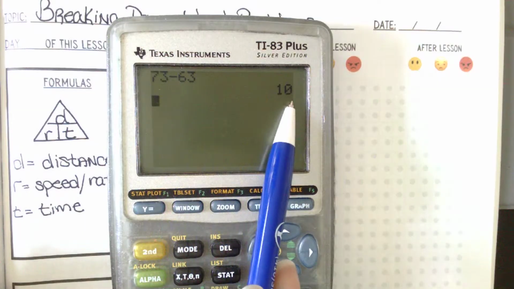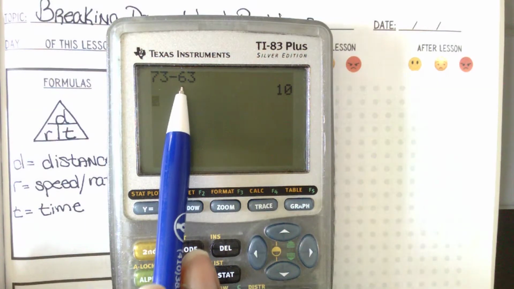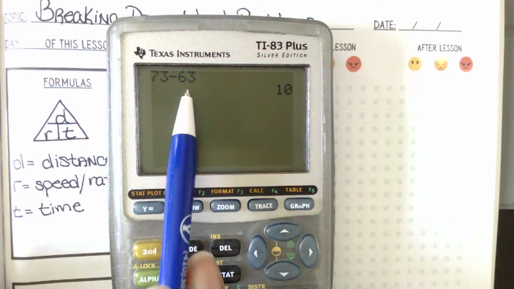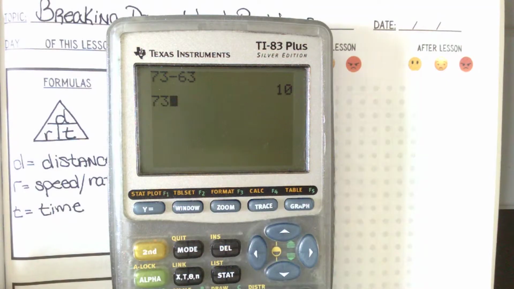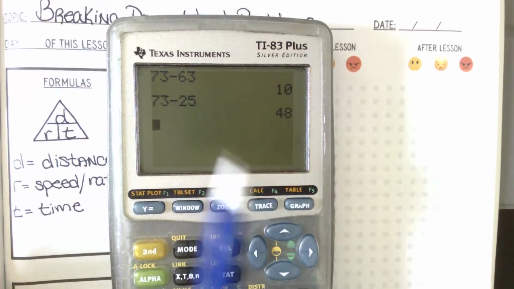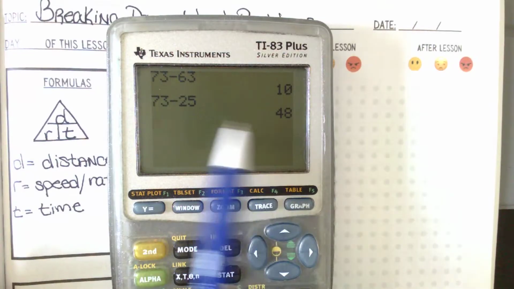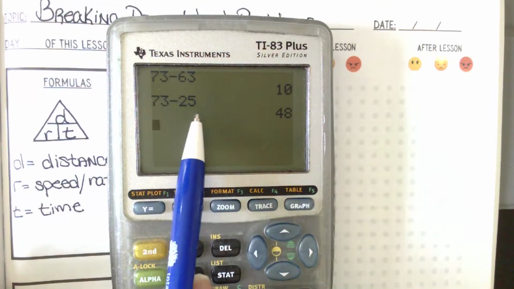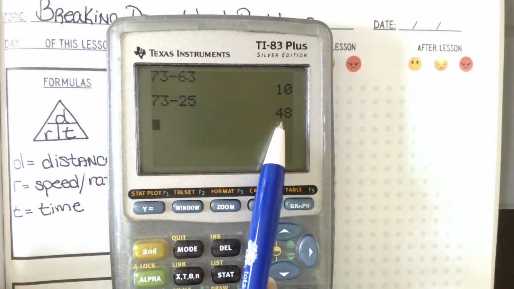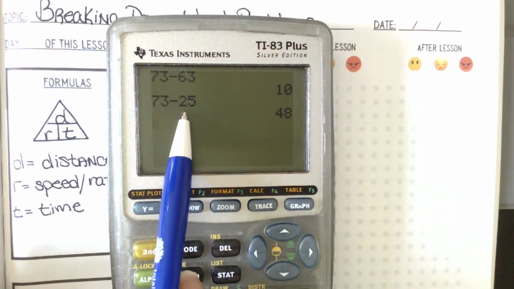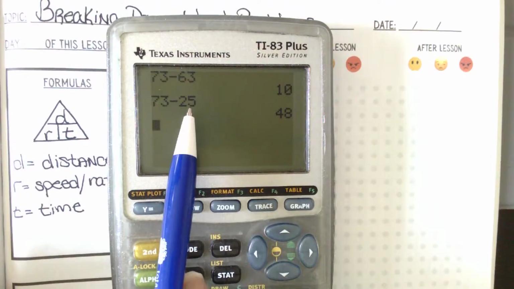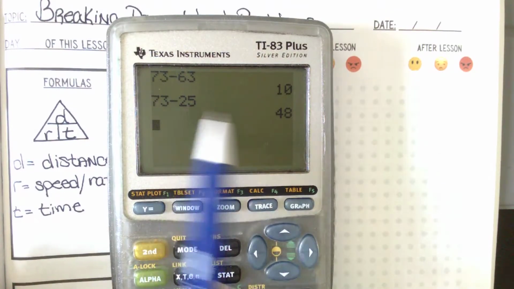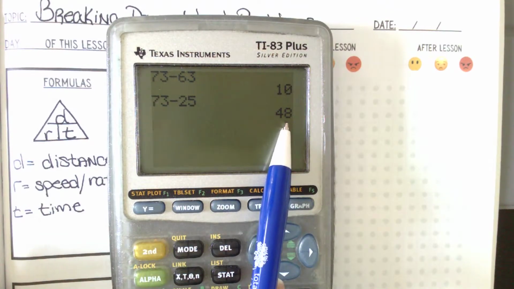Since there's a huge span, I need to pick a number way less than 63. So if I say 73 and, I don't know, 25, 48, there is a difference between. Since my answer is larger than the number that I chose, I need to take an answer that is bigger than 25, but less than 48.